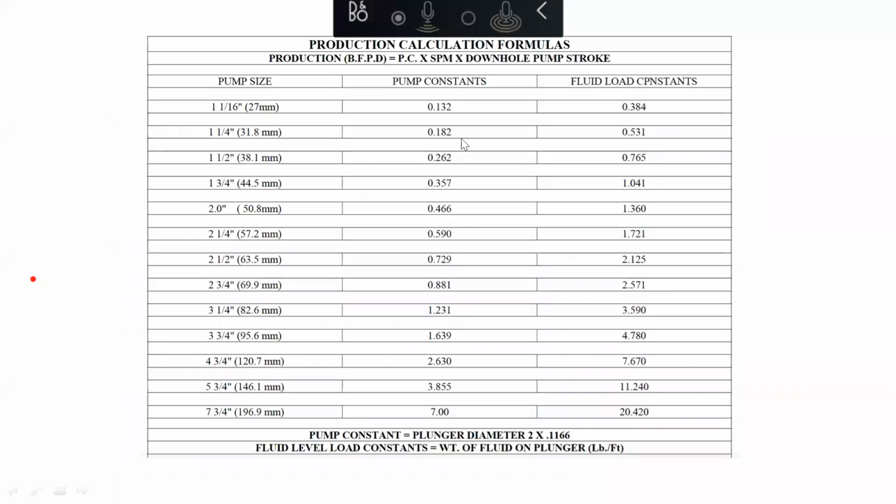Pump constant will be your plunger diameter multiplied by the conversion factor from inches to barrels, which is 0.1166. For 1.5 inches, your pump constant will be 0.262 after multiplying the pump size and the conversion factor.